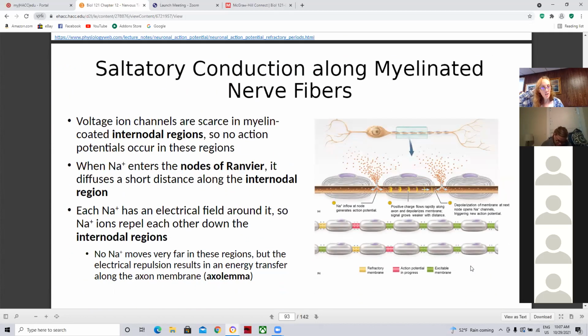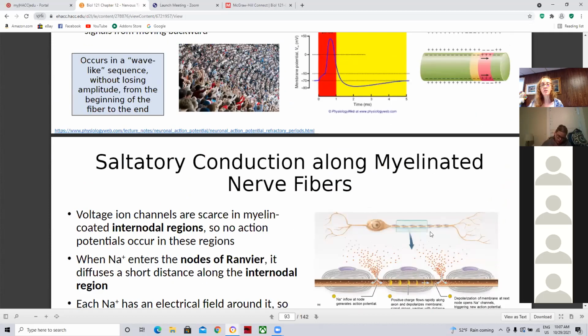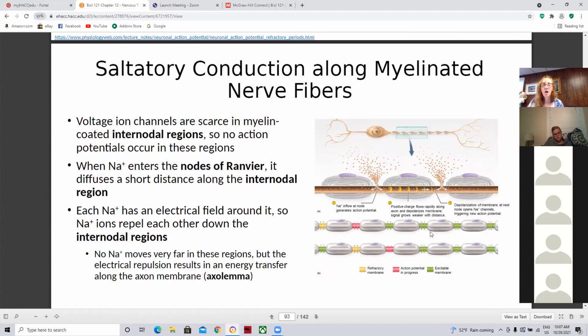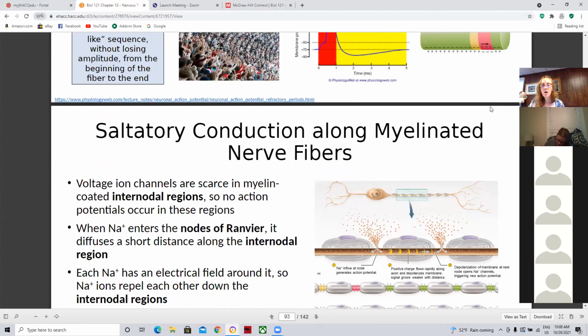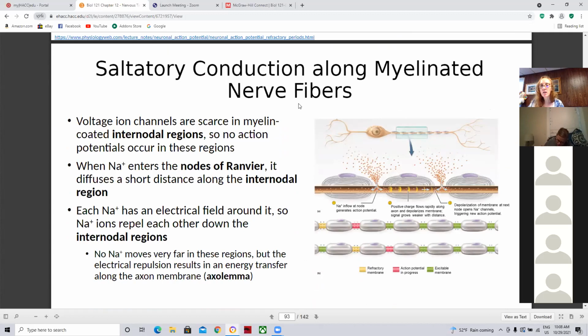The voltage gated channels are scarce in the myelin-coated internodal region. So, okay, I'm sorry, let me change topics here. Saltatory conduction is what occurs in the myelinated nerve fibers. Remember, in the unmyelinated areas, it's continually propagated all the way down the fiber. In the myelinated nerve fibers, it's a saltatory conduction rather than a continuous conduction, because voltage gated channels are scarce in the myelin-coated regions.